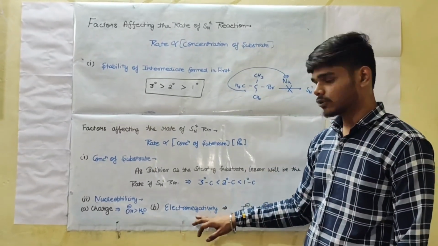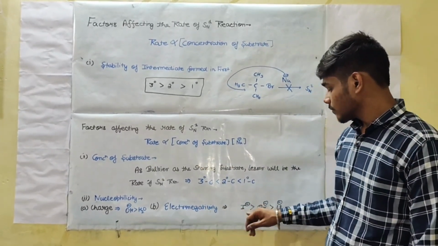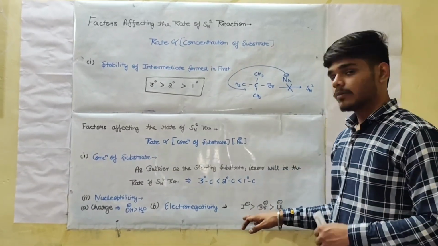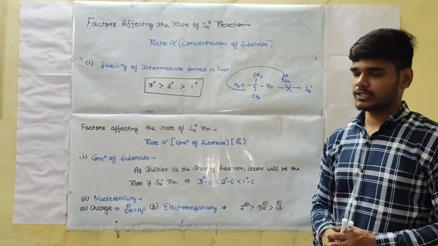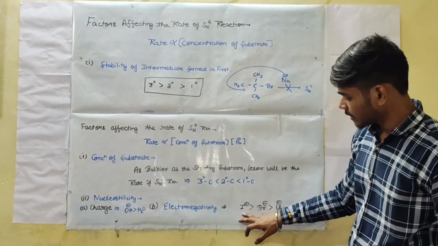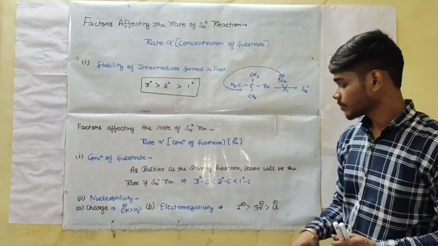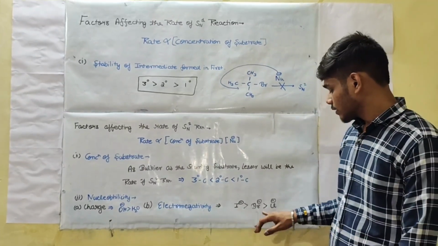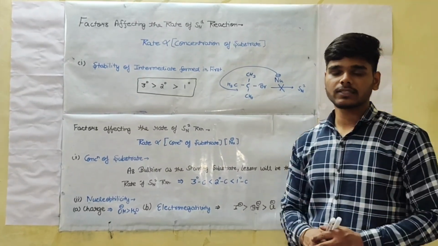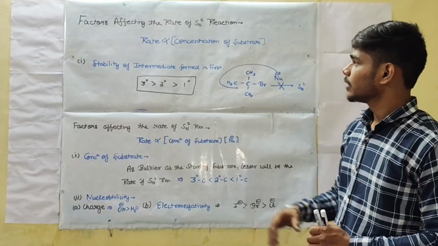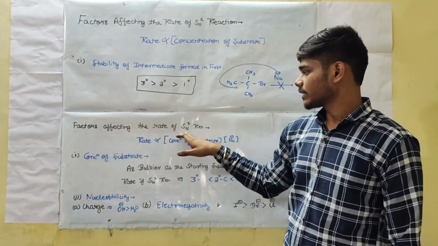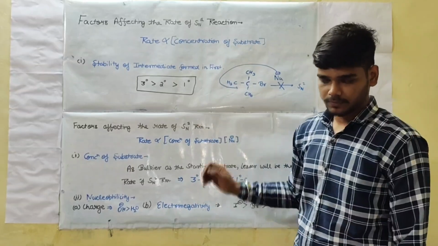Regarding electronegativity, the lower the electronegativity of the element, the faster the SN2 reaction. In the halogen family, I minus gives faster SN2 reaction, whereas Cl minus gives slower SN2 reaction. Those are the factors affecting SN1 and SN2 reactions.